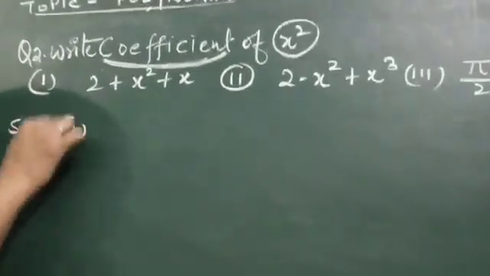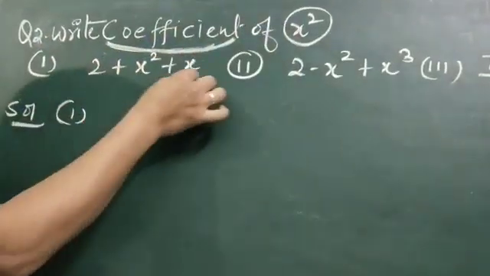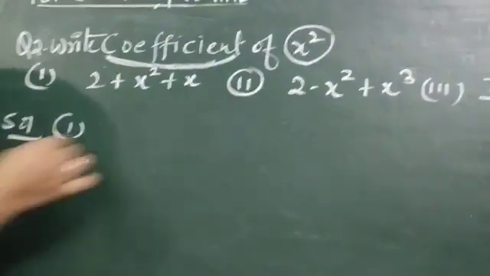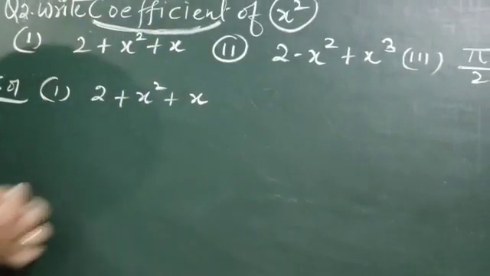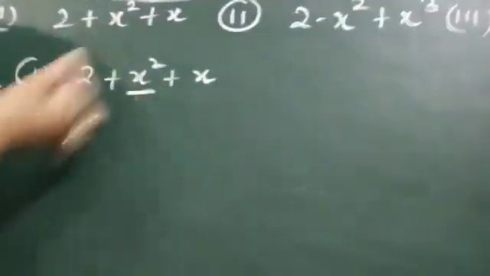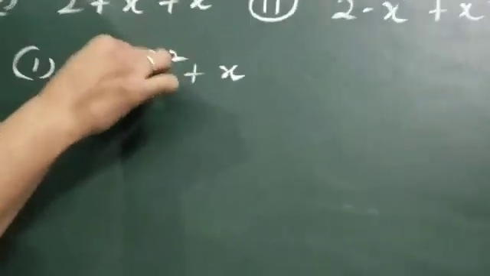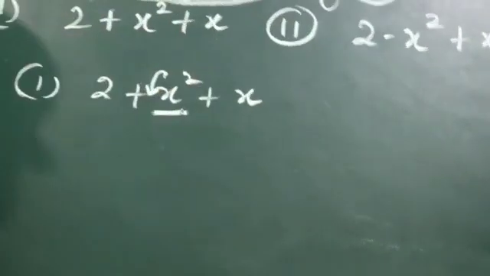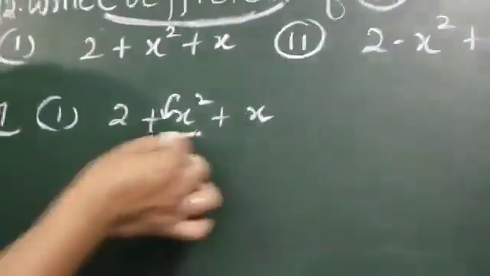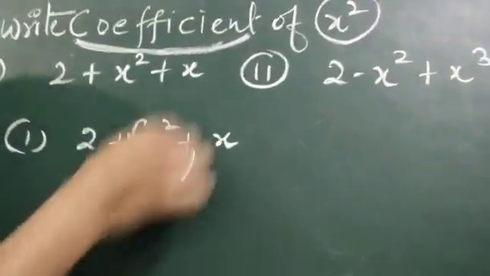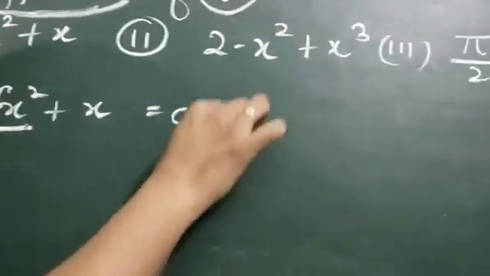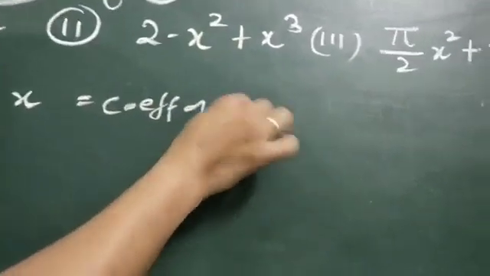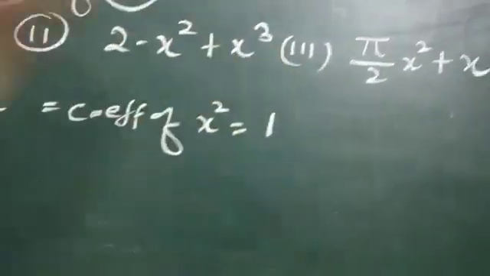You are asked to write the coefficient of x square in these terms. First you have 2 plus x square plus x. Here the coefficient of x square will be 1. Coefficient of x square equal to 1.